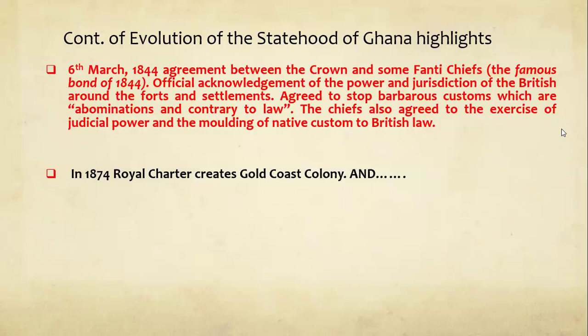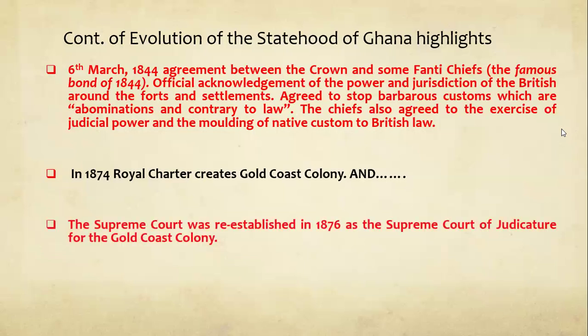So initially, Lagos colony, the future Nigeria, was included in the Gold Coast colony by reason of the 1874 Royal Charter. Now, so therefore, the colony comprised 3 main divisions: the Western, Central, and the Eastern provinces. So let's keep that in mind.